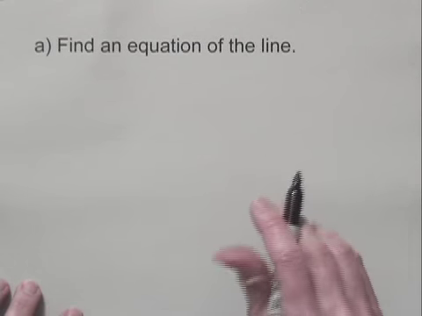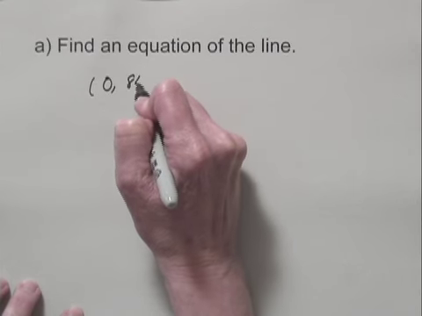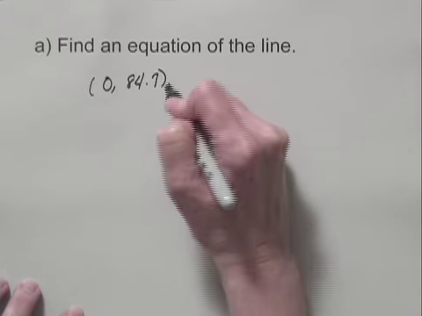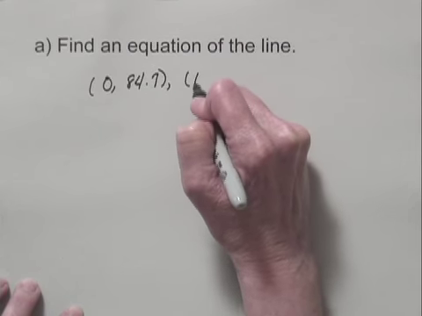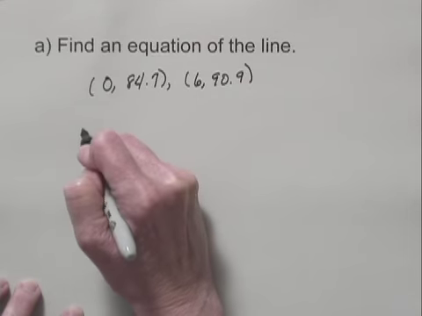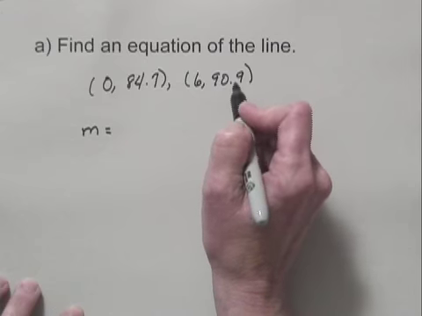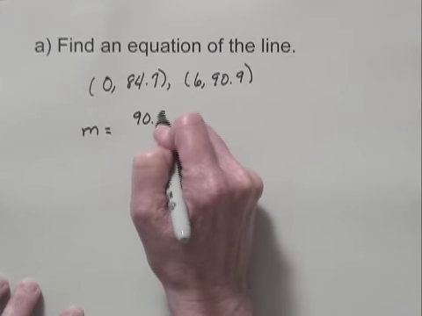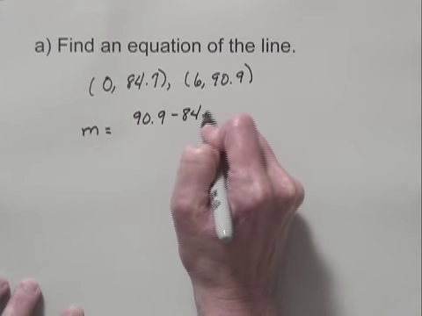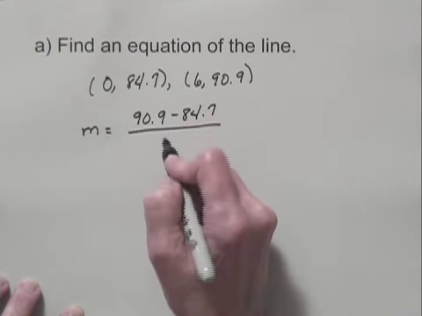And the 2 points that we had were (0, 84.7), and we had the point (6, 90.9). Now we can find the slope by subtracting the y values, 90.9 minus 84.7, and writing that over the difference in the x values, 6 minus 0.